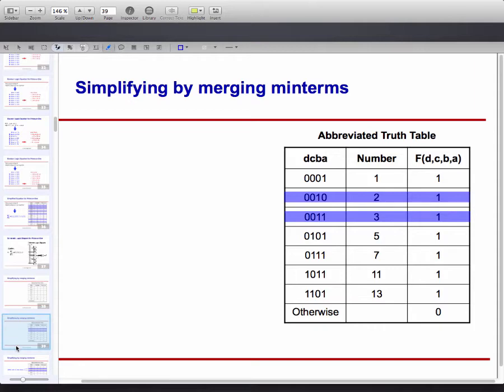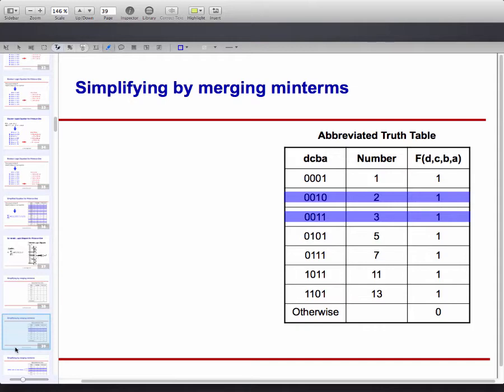So let's look at these two minterms. Minterms number 2 and 3, and they correspond to 0, 0, 1, 0 and 0, 0, 1, 1. They differ only in one bit position, right? Only in the last one, that is corresponding to A, do they differ. They are the same for the first 3 bits.